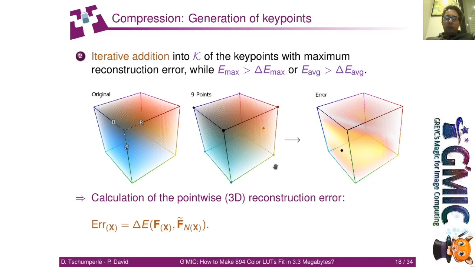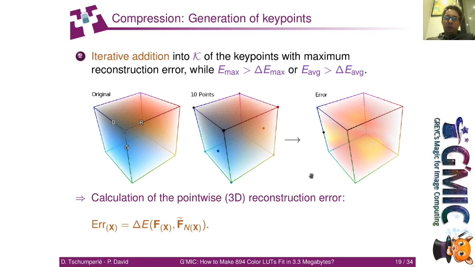The match is still not perfect, of course, so we compute again the pointwise perceptual error delta E, and we locate the coordinates of the new maximum. Again, this point is added as a new key point to our set K. Now we have 10 key points in our set K, and the quality criteria still do not hold.